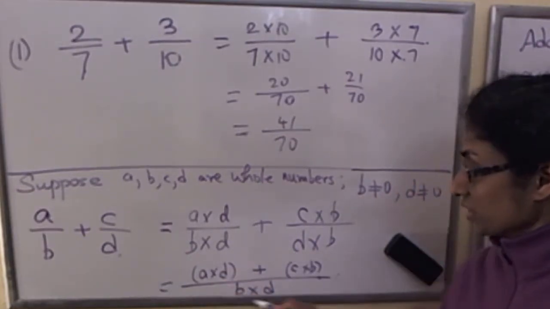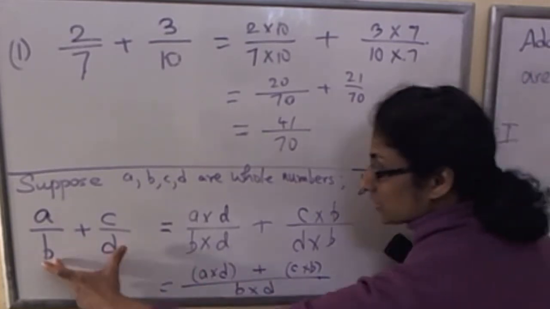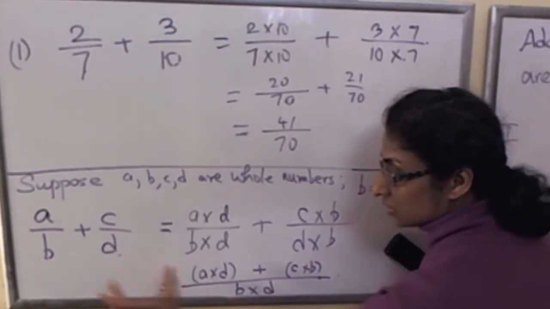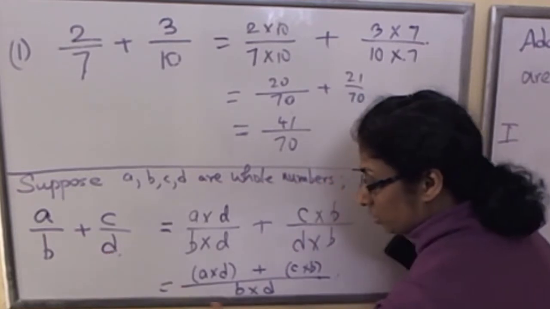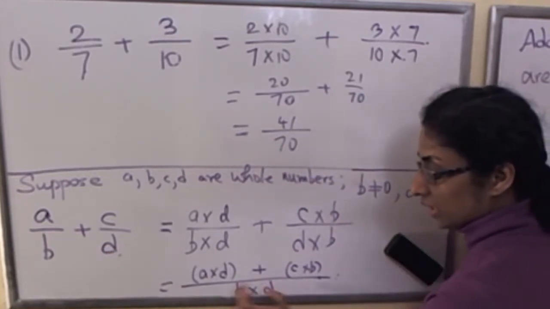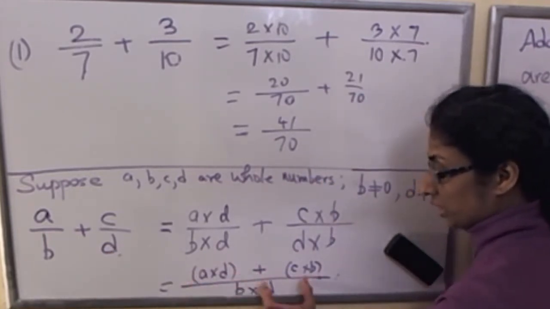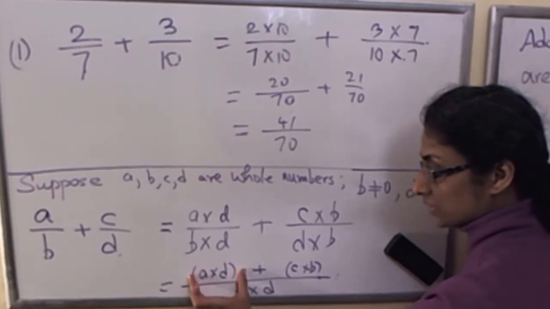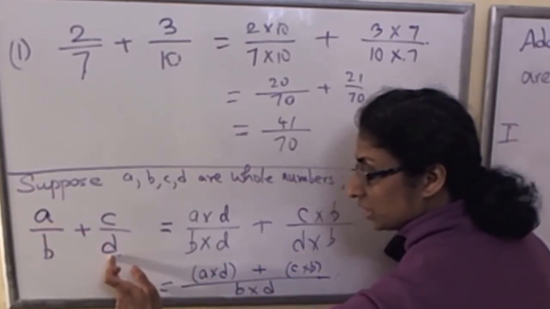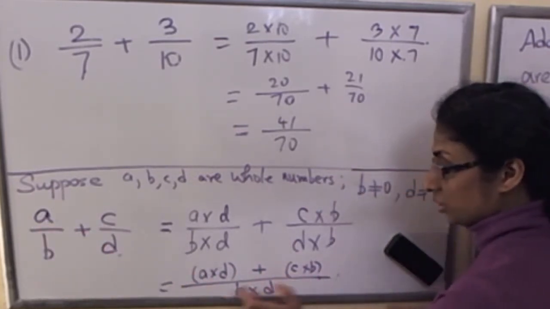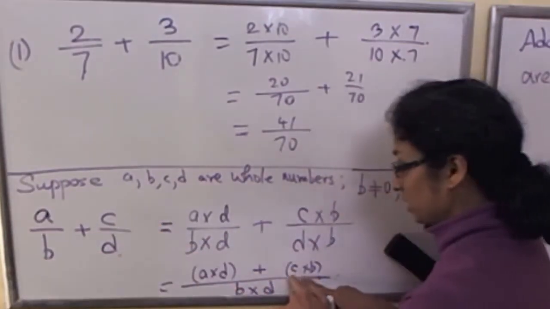How is it related to this? B times D is just these two numbers multiplied together. And then in the numerator I have a plus sign. On the left side I have A times D. And then add it to C times B. That's what I have.